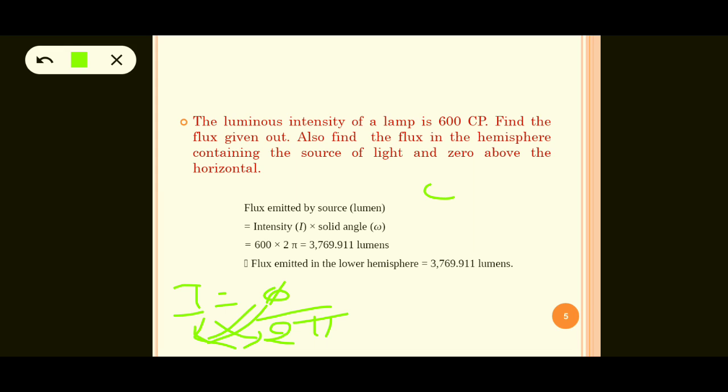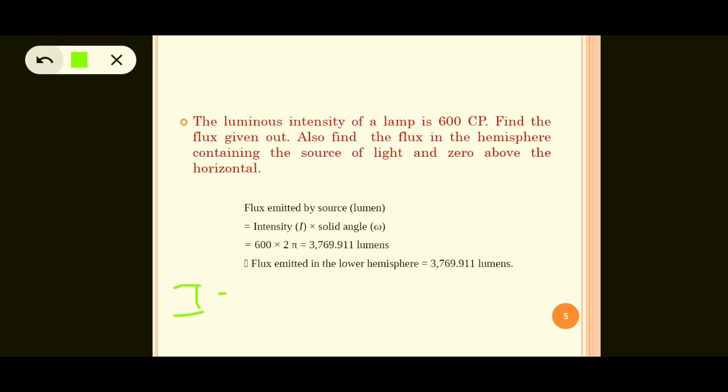So flux is equal to I into 2 pi, that is 600 into 2 pi.